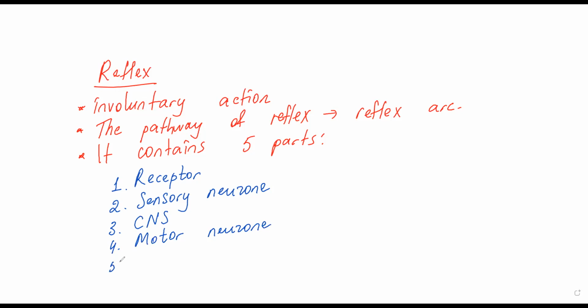The motor neuron gives this answer to an effector organ. By the effector organ, we give a response. So these are the 5 parts of a reflex action.